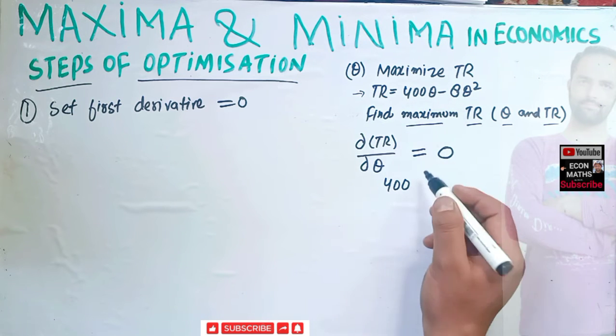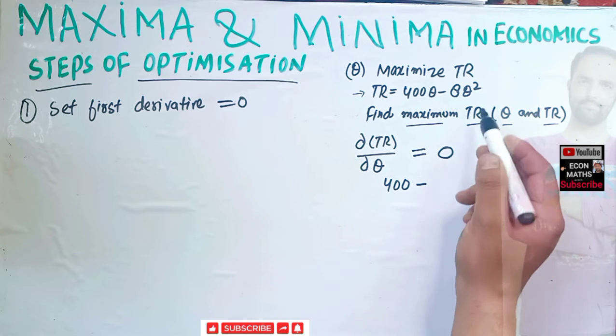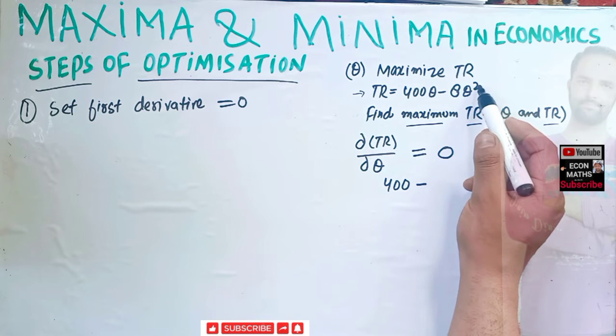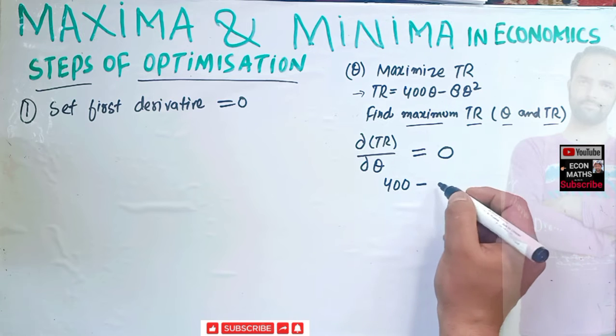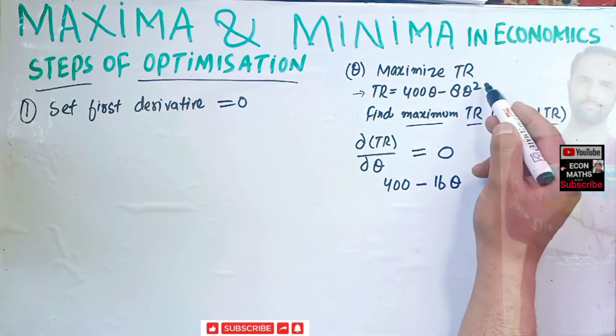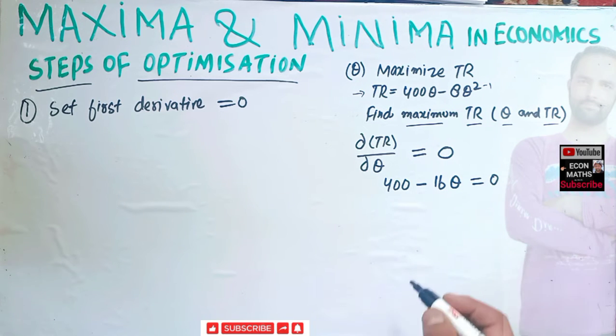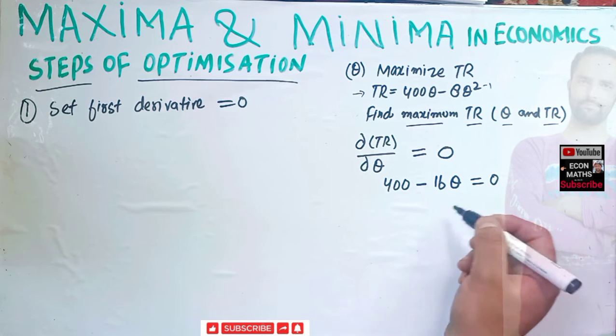Derivative of Q is 1, so 400 into 1, minus derivative of Q square is 2Q, so 2 becomes coefficient, 2 8s are 16. We have 16Q, and this exponent is subtracted by 1 as per the power rule, and we set it equal to 0. After that let us solve it for Q.